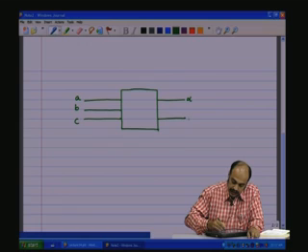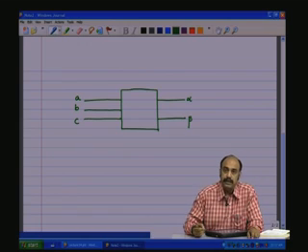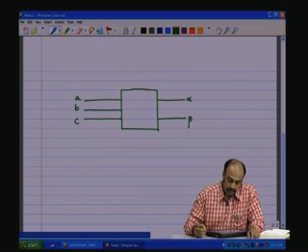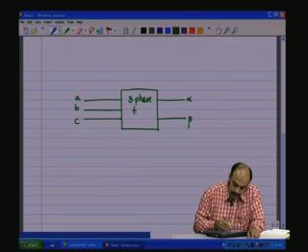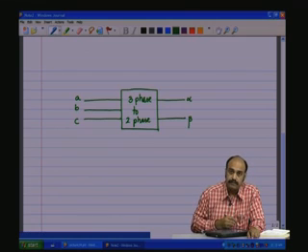I will call these alpha and beta. So, what this transformer does is a 3 phase to 2 phase conversion.